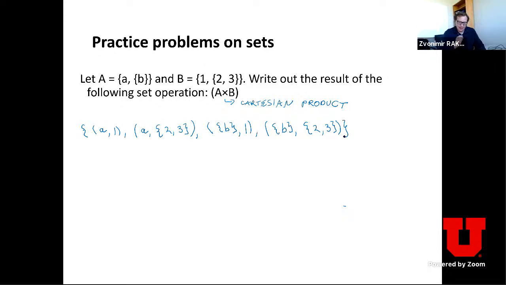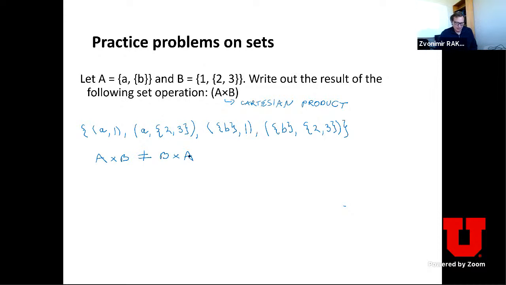One thing to keep in mind here is that the order matters. So A Cartesian product with B is not equal to B Cartesian product with A. B Cartesian product with A would be the same as this, but all the pairs would be flipped. So it will be 1 comma A, 2 comma 3 comma A, 1 comma B, 2 comma 3 comma B.